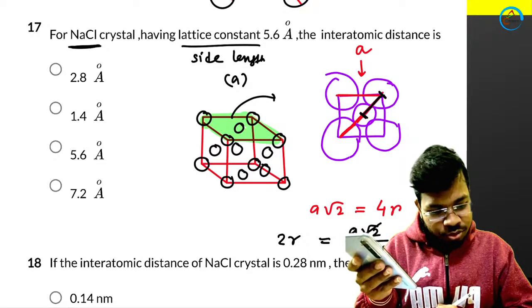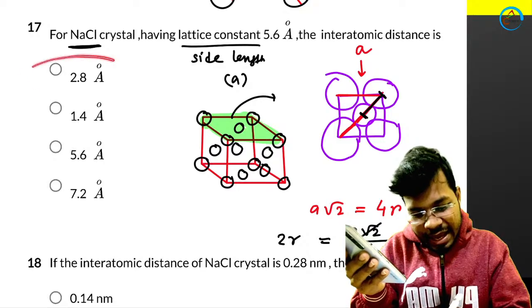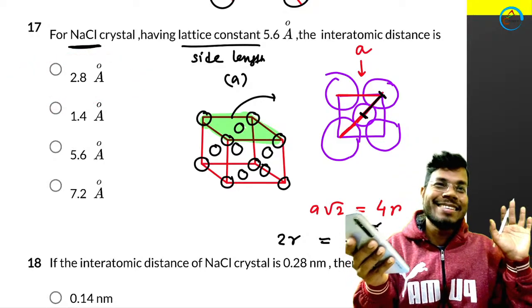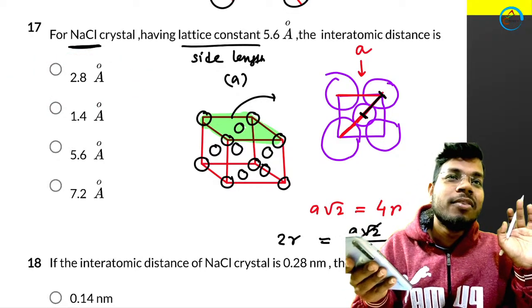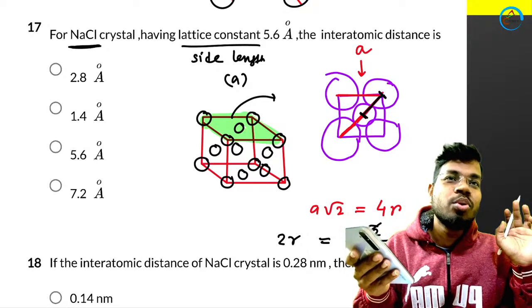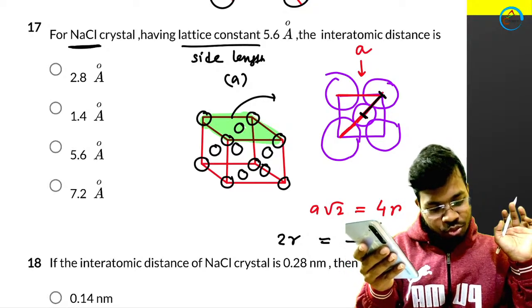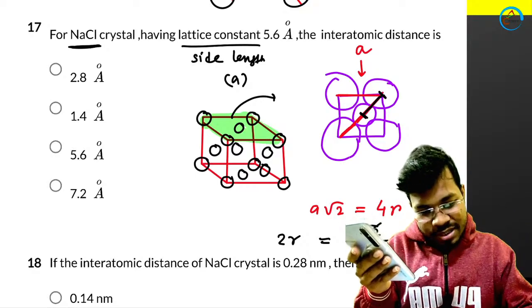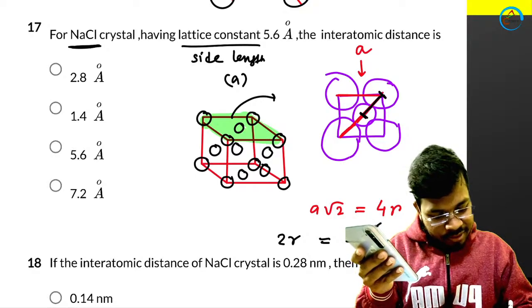Actually, I think option A is correct, but just one second. 5.6 Angstrom is the lattice constant given.